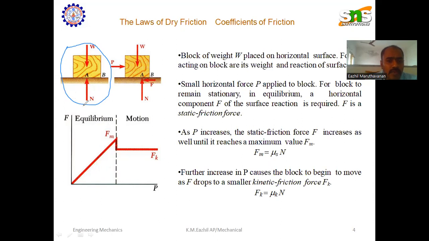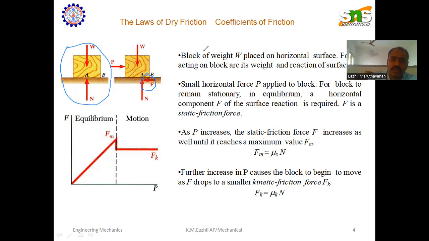When a force P is applied, the block starts moving, or the force might cause the block to move. Whether the force causes the block to move or doesn't change anything, the frictional force acts on the block, opposite to the applied force. This is the free body diagram of a block with an applied force.